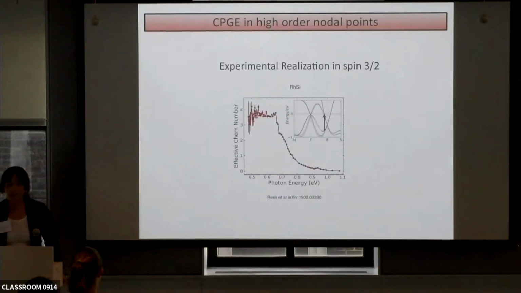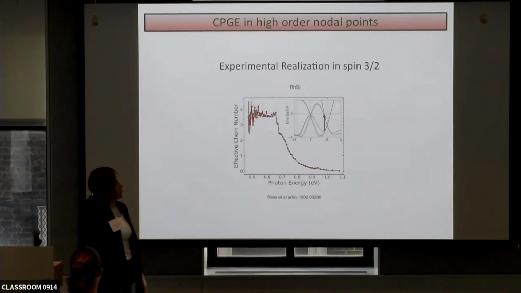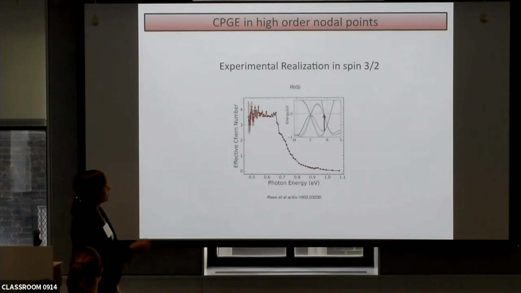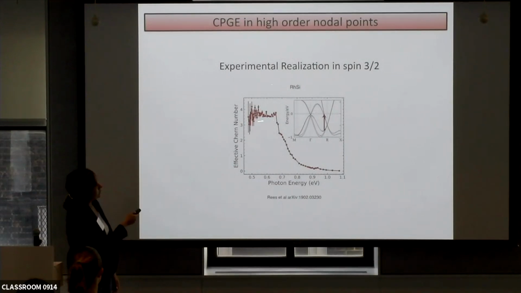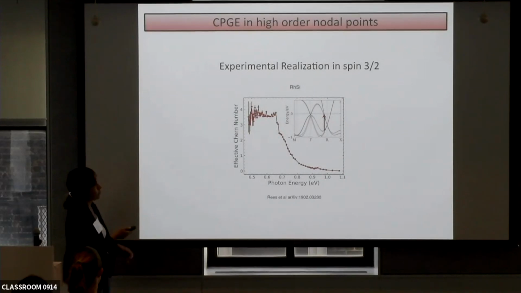And furthermore, the same year, Joe Orenstein and Claudia measured for the first time the photocurrent response of rhodium silicide, another material that holds a sixfold fermion. And they showed that there was a plateau that was independent of the frequency, and it's believed that this is due to the quantized number because it's very close to 4.